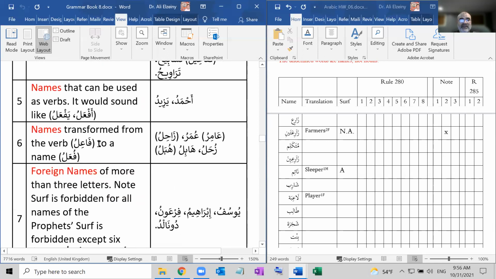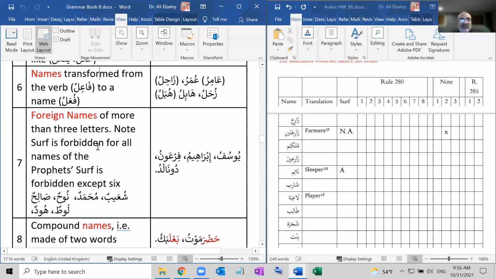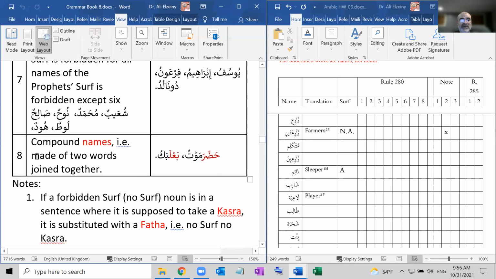It's not a name, so case 5 is ruled out. It's not a name, so rule 6 is ruled out. Rule 7 is ruled out. Rule 8 is ruled out. So, therefore, its sarf is allowed.